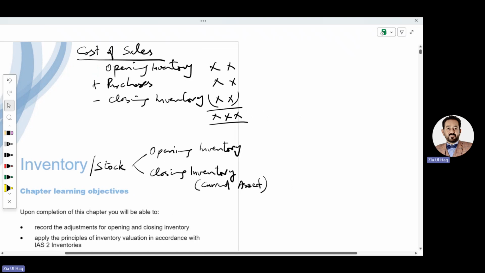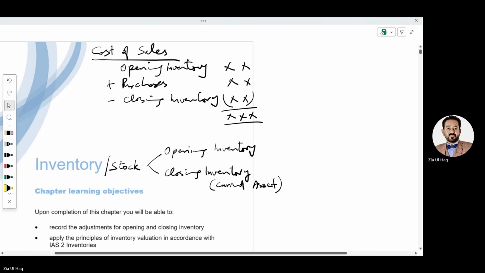How can we value inventory? Suppose we manufacture shirts and sell them. We have a garments business and we have 100 shirts. Quantity of shirts is 100.